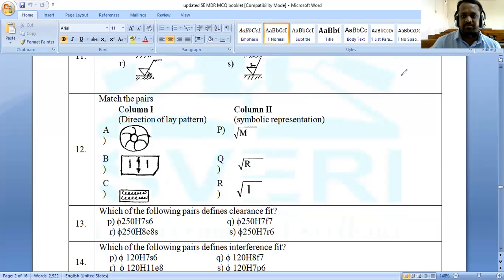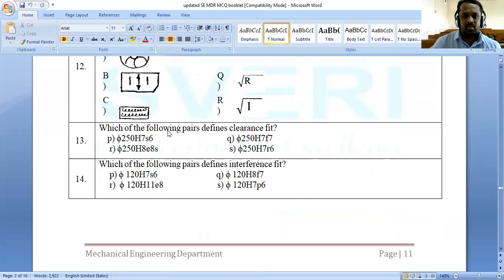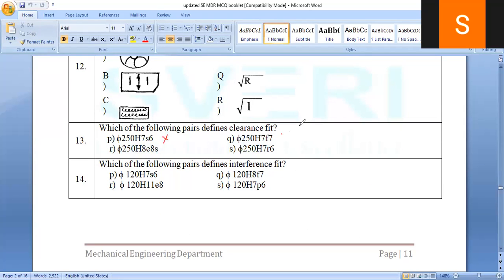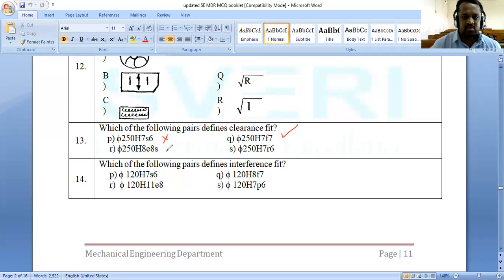Then next, which of the following pairs define the clearance fit? Identify the clearance fit. Second and third. Yes, it is not. Third, it is clearance. Yes, it is clearance.